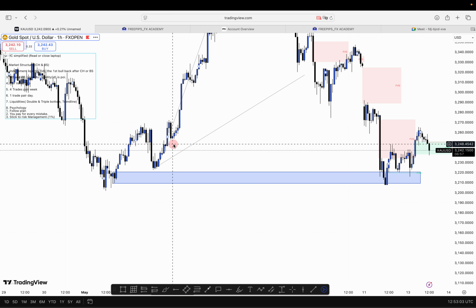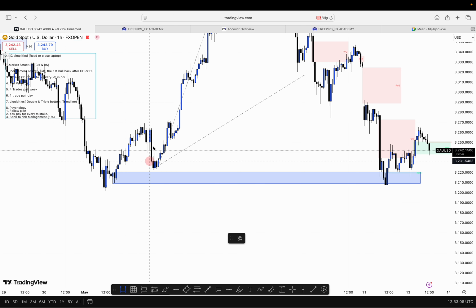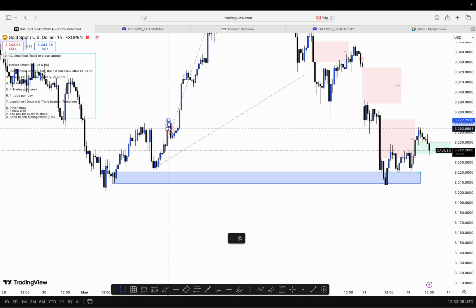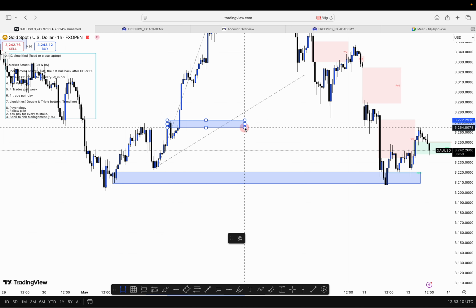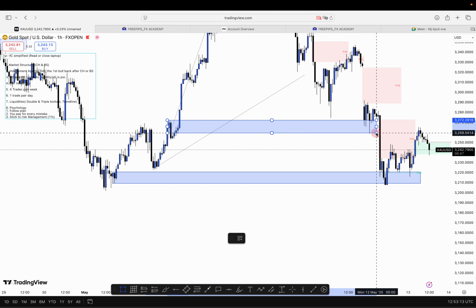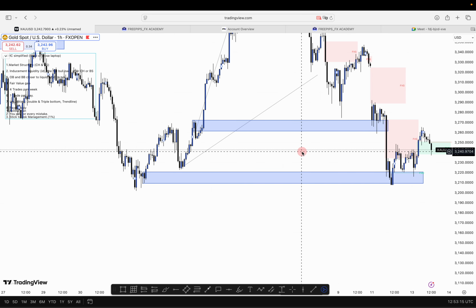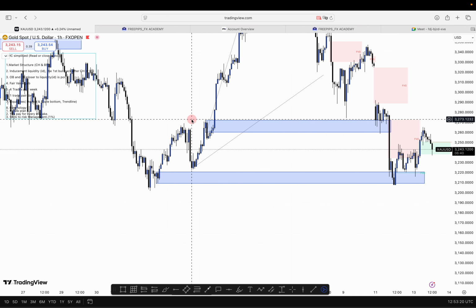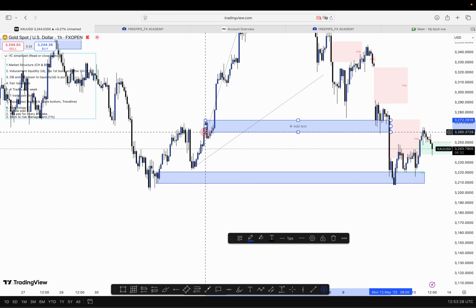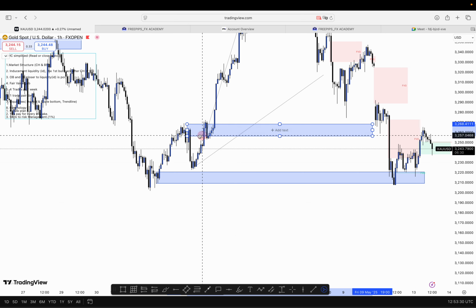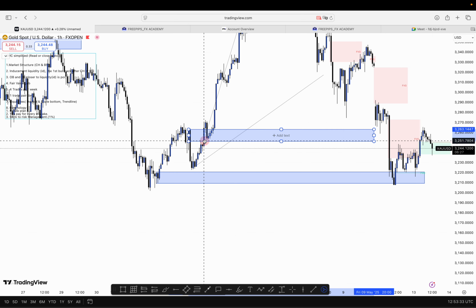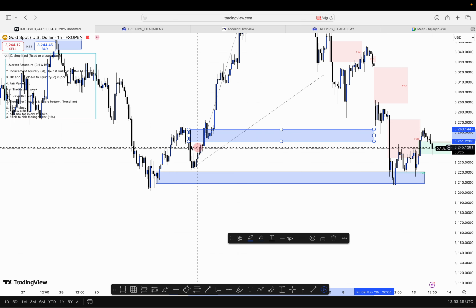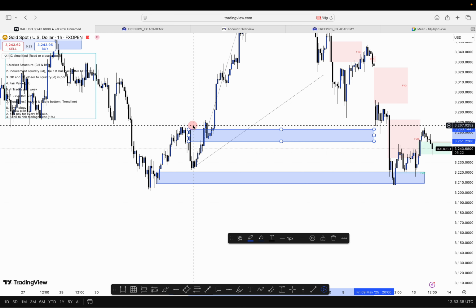Okay, it's also an order block. This one is also an order block, but if it's broken, we call it a breaker block. But right now we are not identifying breaker blocks, we are identifying order blocks. A breaker block is a failed order block. This one then turned out to be a breaker block.